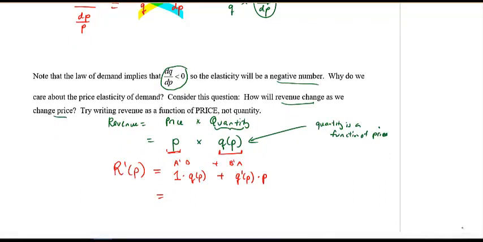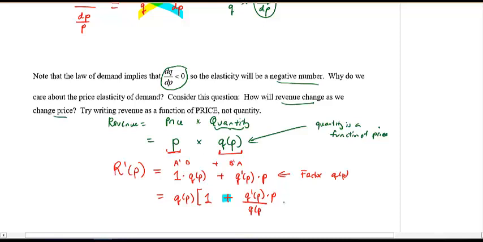I'm going to try to factor out Q of P. Factor out Q of P, and you're like, why? I hope you'll see why in a second. I get 1 here, and then I also have here, plus Q prime of P times P divided by Q of P. And you're like, what's the big deal here, Mr. Lee?